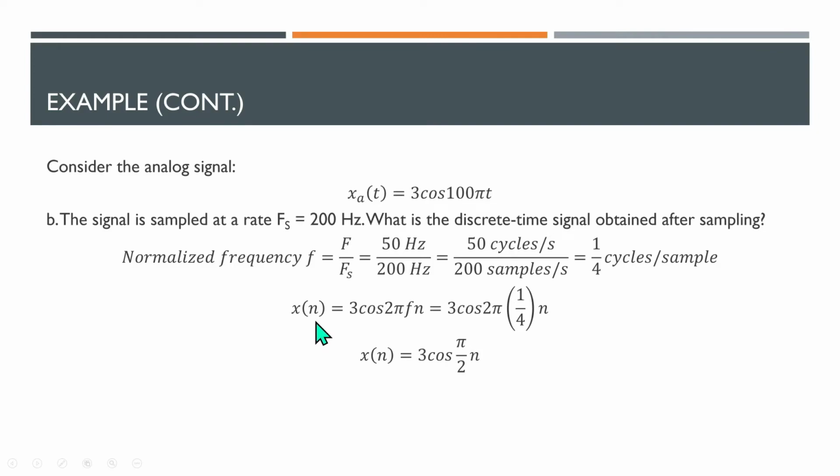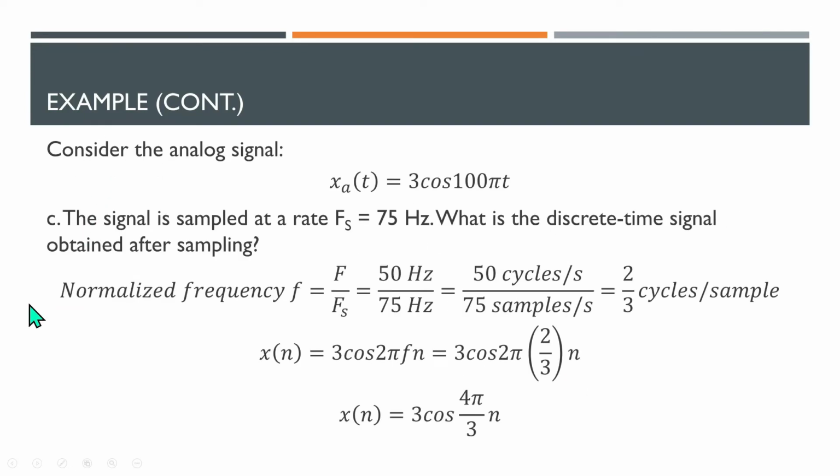We have x(n) equals 3 times cosine of 2πfn. We will just replace the small letter f here by the value of the normalized frequency f. So therefore, x(n) is equal to 3 times cosine of 2π times 1/4 n. We have x(n) equals 3 times cosine of π/2 n.